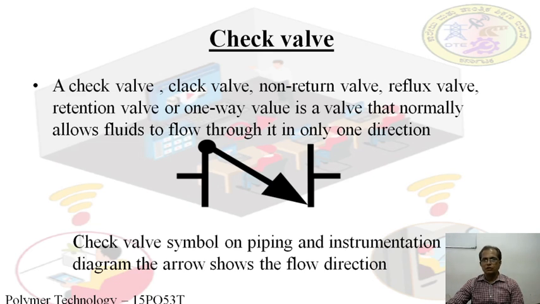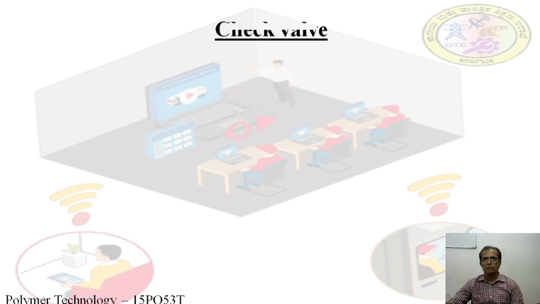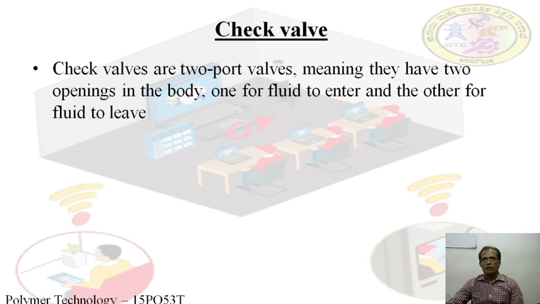This symbol is usually we make use. Check valves are two-port valves, meaning they have two openings in the body, one for fluid to enter and other for fluid to leave.